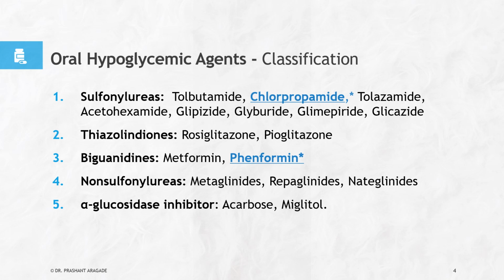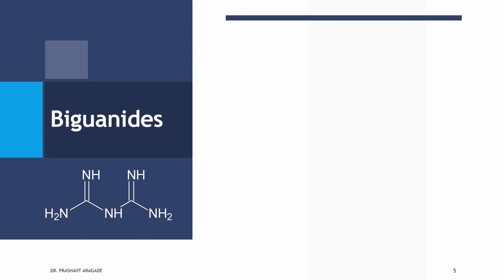And from this classification, you will come to know that the chemical class of fenformin is biguanide. So, fenformin is an example of a biguanide derivative. It is also called biguanides, or biguanide drugs.